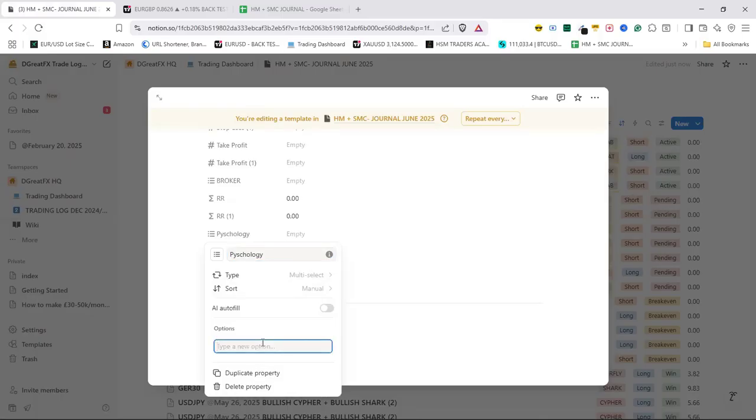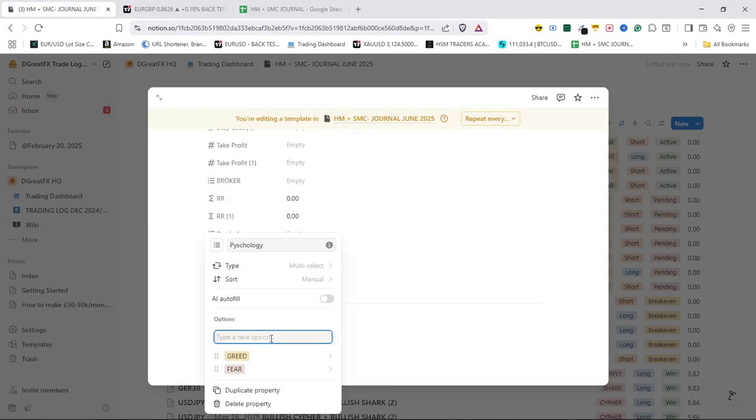So the first one is fear. Second one is greed. Fear and greed. The next one is patience. And then we'll have fear of missing out, that is FOMO.